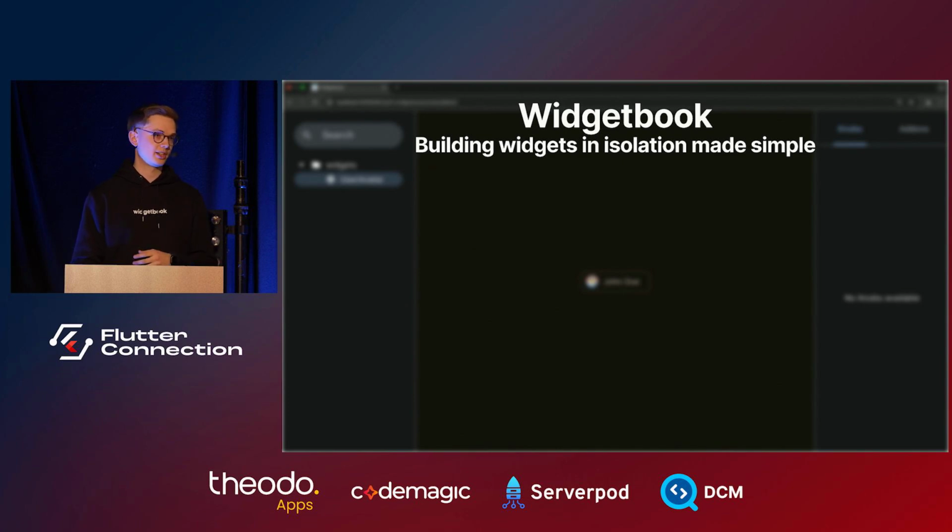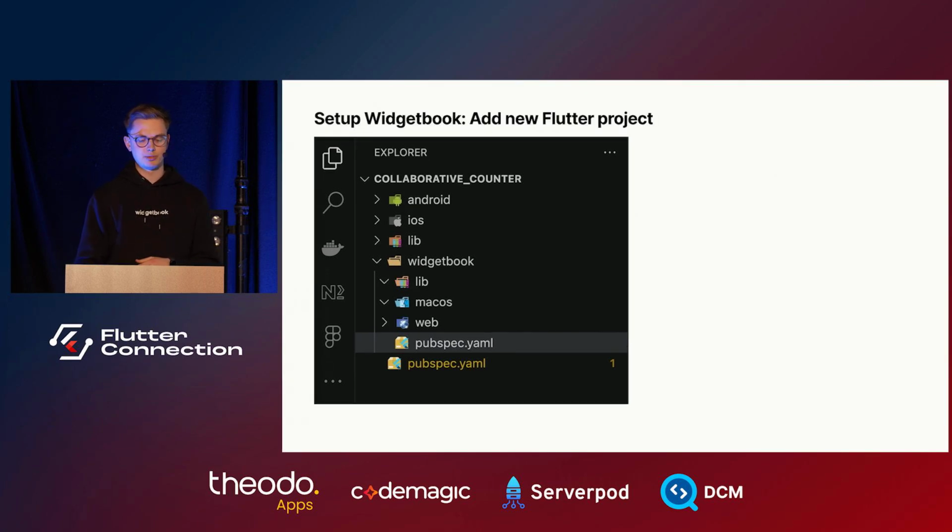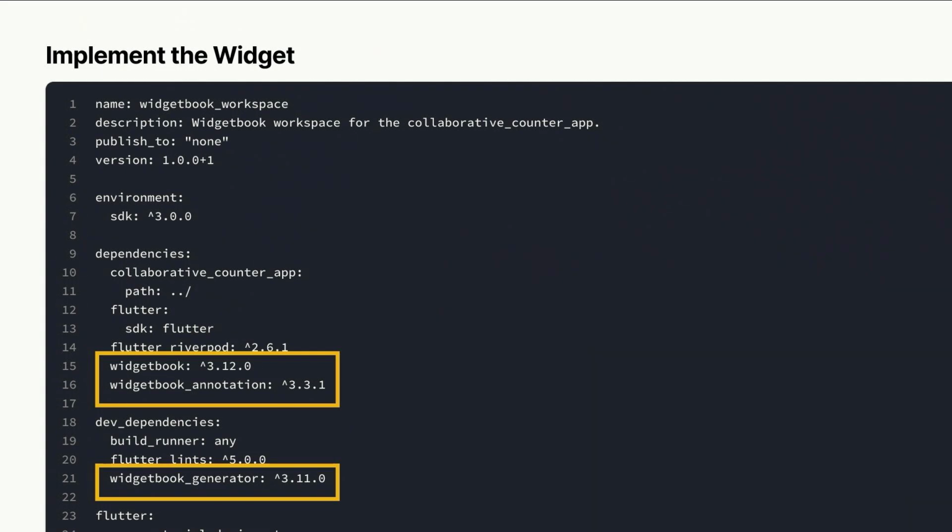Let's check how we can set it up. What you would do is, in your Flutter app, create a new Widgetbook folder on the same level as your lib folder. Don't put it in your lib folder, because all we want is a new separate Flutter app inside your Flutter app. We then have a pubspec YAML file in our Widgetbook folder, and in here we include our Widgetbook dependencies.